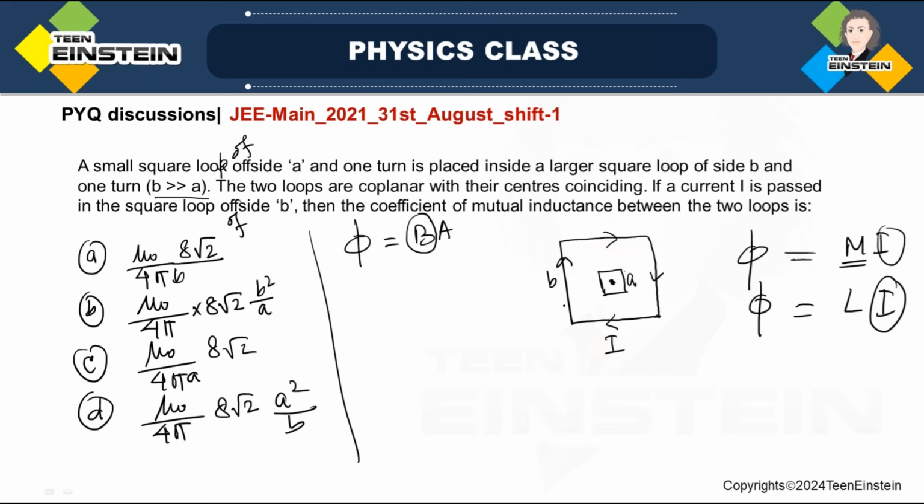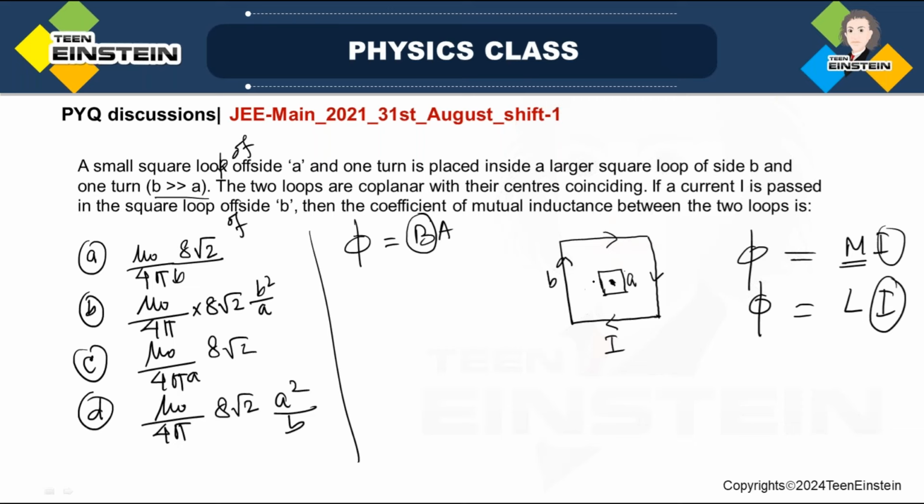The magnetic field produced by the bigger loop at the center, and a is the area of the smaller loop, will give you the flux linked with the smaller loop, and that is equal to M into i. From there I will be able to find the coefficient of mutual inductance.